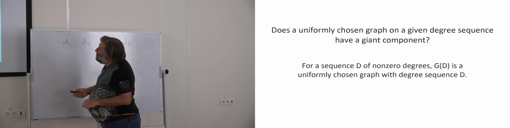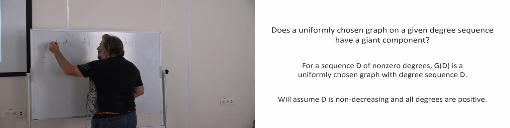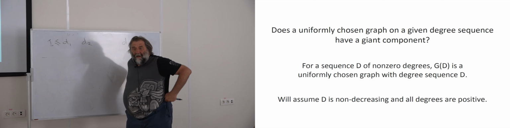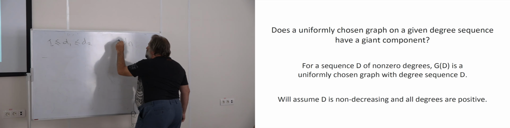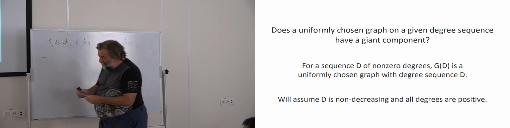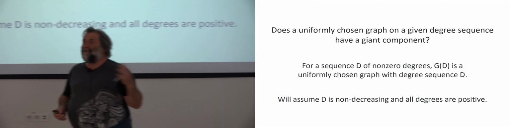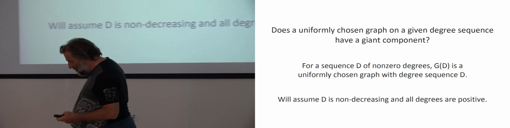And we'll call that graph G_D. And we can assume these are all greater than or equal to 1. A vertex of degree 0, just throw it out. It doesn't have any effect on what's going on. And we also can assume, just to make the exposition easier, that it's non-decreasing, because it's the same answer for any permutation of the degree sequence. You just permute the labels on the vertices as well.